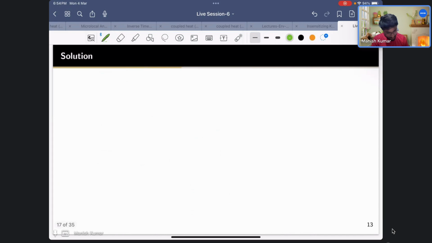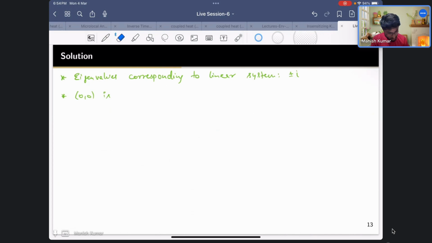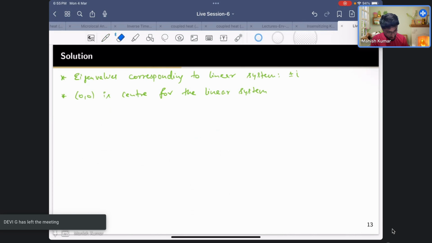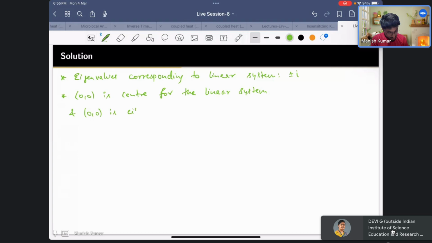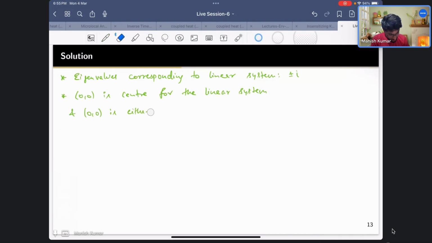So here the eigenvalues corresponding to the linear system are plus minus i. So 0 0 is a center for the linear system, but 0 0 is either a center or a spiral for the nonlinear system.